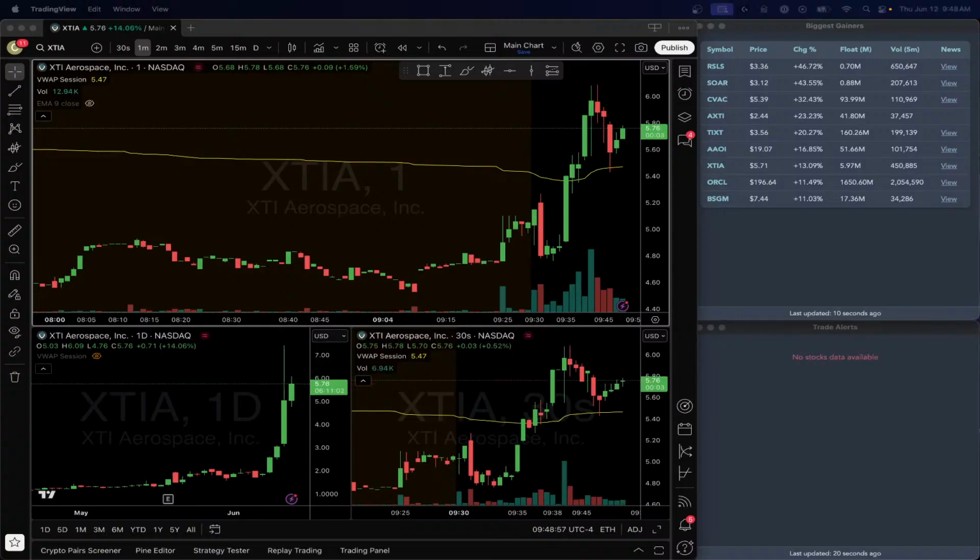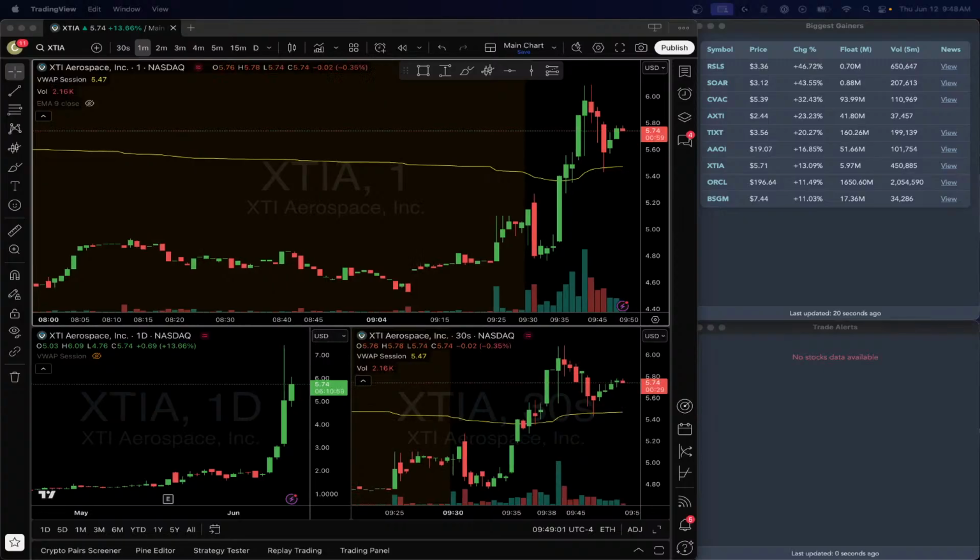And we had a run up. We had a pullback here. We got an inside bar.